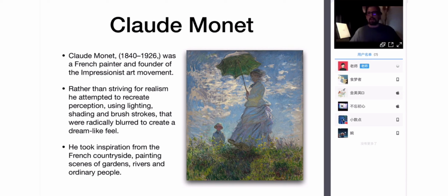A French painter, founder of the Impressionist movement. Again, rather than striving for realism, using artistic techniques of lighting and shading and contour and the blending of colors, using different kinds of artistic tools, different kinds of paintbrushes and knives and so on, these great classical masters really could produce an almost photorealistic or more than realistic effect.